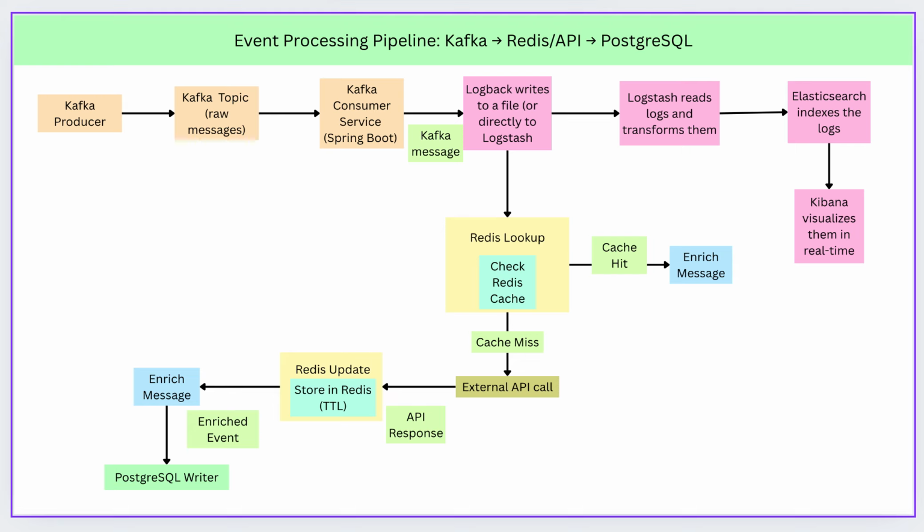PostgreSQL and Spring Data JPA for persistence, and Logback, Logstash, Elasticsearch, and Kibana for logging and observability. This architecture gives us scalability, flexibility, and observability. It is designed for teams who need to enrich streaming data in real time with strong consistency and operational visibility.